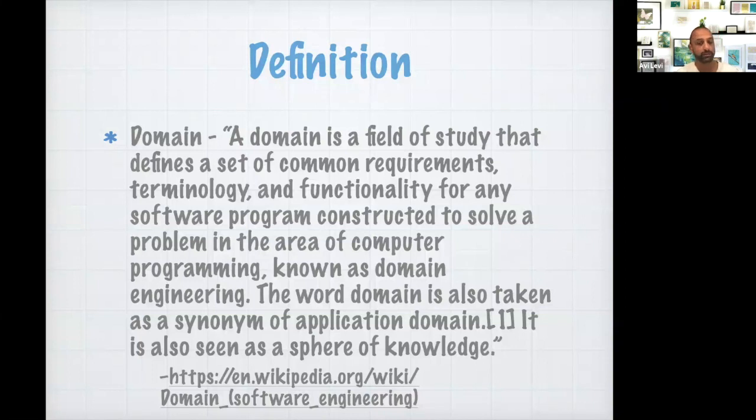Also known as sphere of knowledge, it is a bounded knowledge context. For example, a domain can be baking cakes, can be a hardware shop, can be any kind of thing that you can think about, but it has to be bounded. And we will model it in our application.